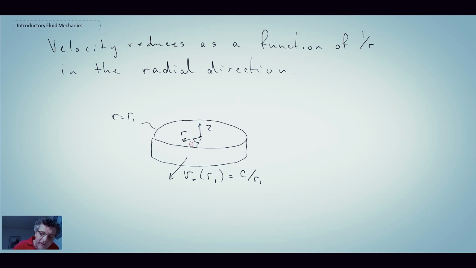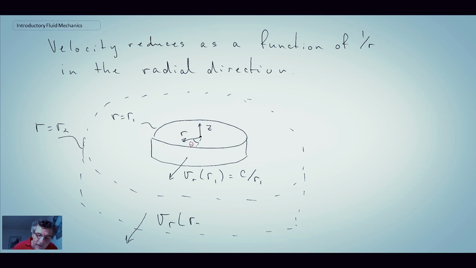And if we go a little bit further out, so if we go way out here, and this would be r equals r2 at a further radial location, then what we could say is that V_r at r2 is just equal to C over r2.